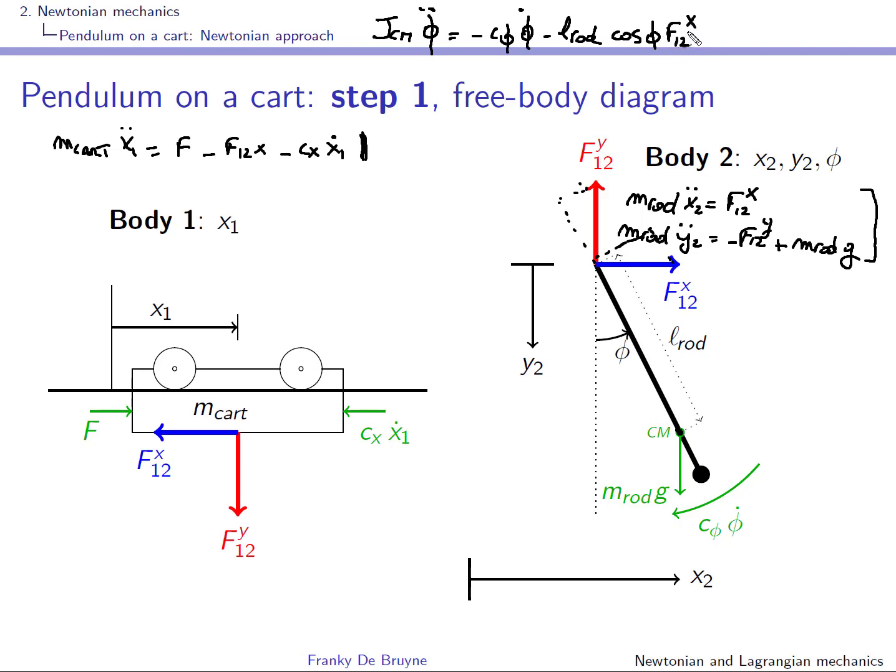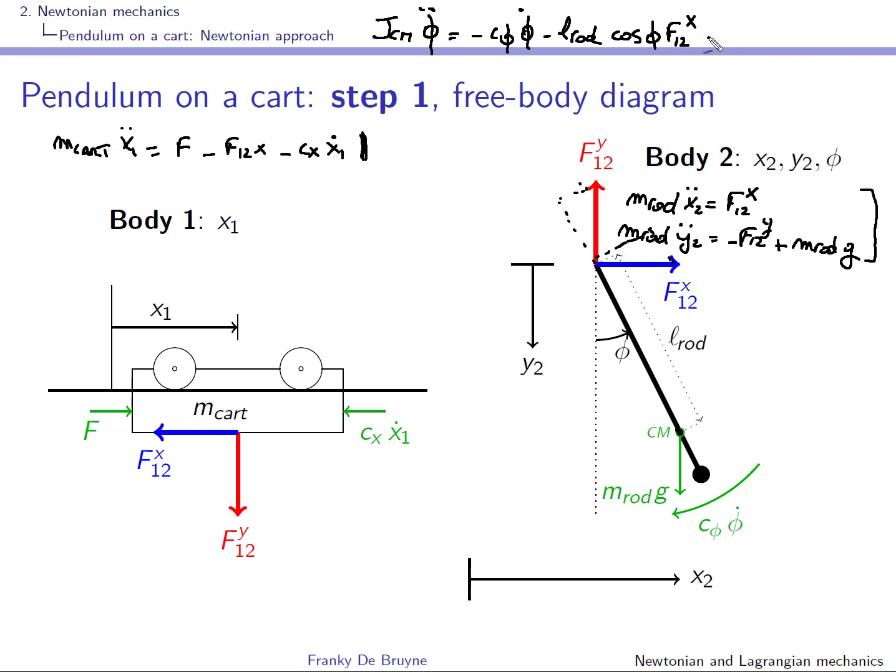A good trick to know how it works is to see the situation when phi is equal to 0, and if phi is equal to 0, we have indeed the full force F12x that will be producing a torque, okay, and this is indeed what we see.